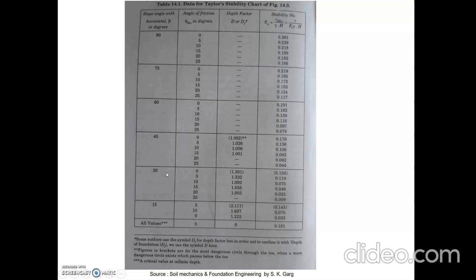Similarly, if you are asked to find Sn for beta equal to 30 degrees, phi equal to 20 degrees, we can confirm that Sn is equal to 0.025. So this is how we can find out the value of stability number from the table.